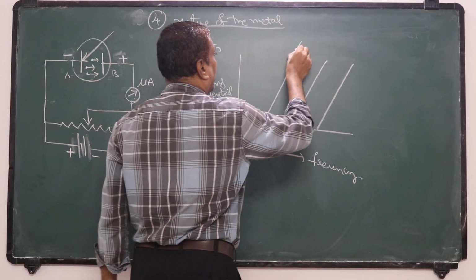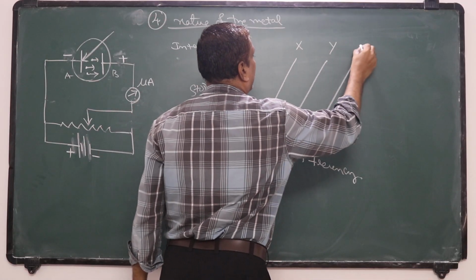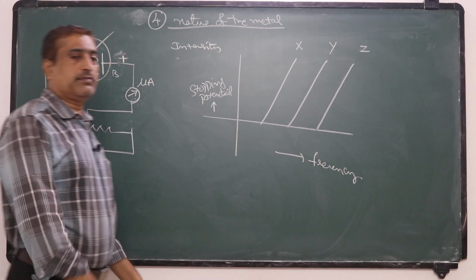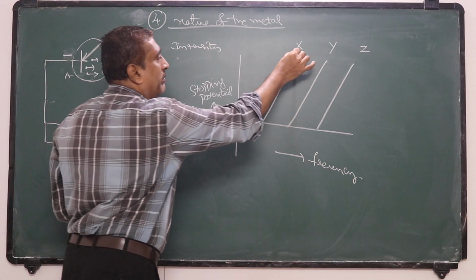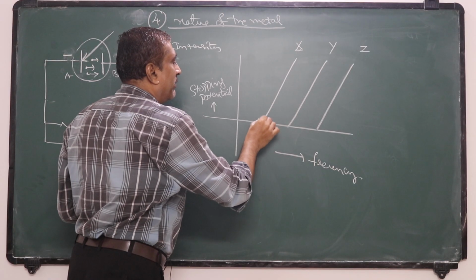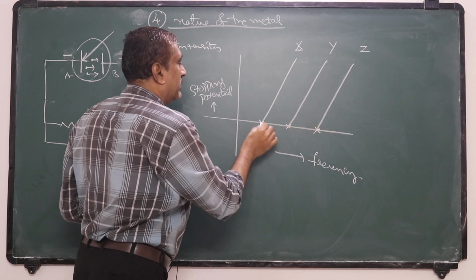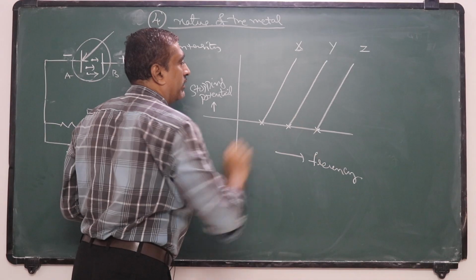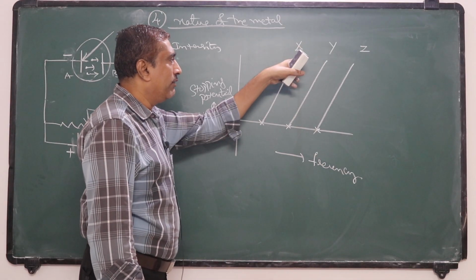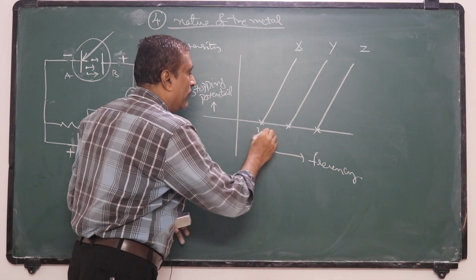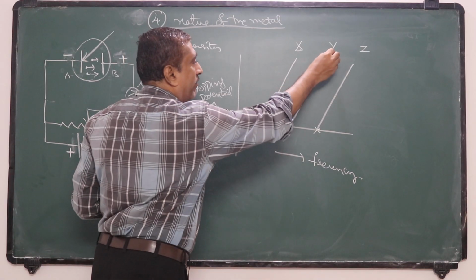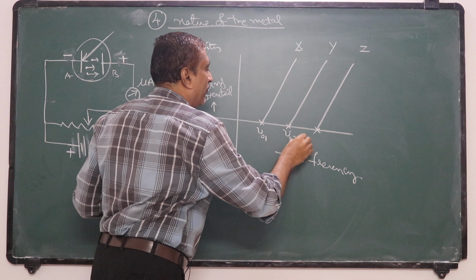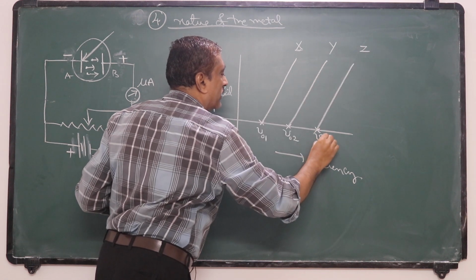Suppose this is for metal X, this is for metal Y, this is for metal Z. That means different metals have different minimum energy to liberate an electron, because these points are different. For the curve for metal X, nu naught 1 is the threshold frequency, for Y it is nu naught 2, and for Z it is nu naught 3.